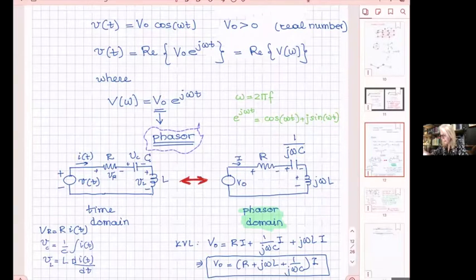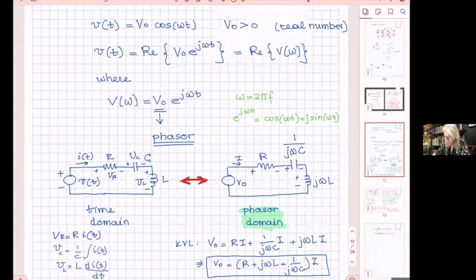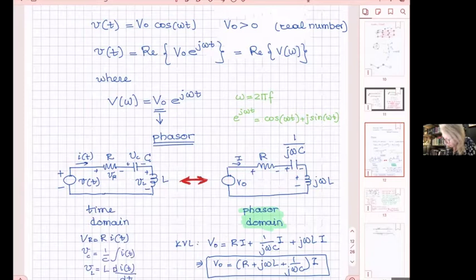Also, we can demonstrate that by doing that, we can then take a circuit like this, which is in the time domain, and which is characterized by these equations, if you remember from the circuit work that you've done in 214.